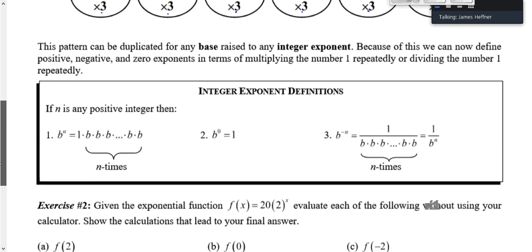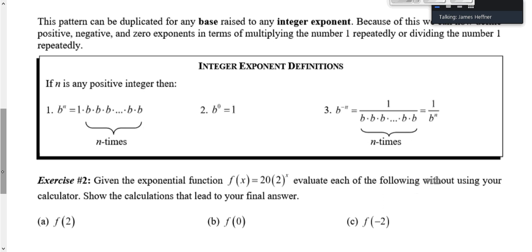So here's some rules here. We kind of covered this back in chapter 1, right? So b to the n, that's just b times b times b, however many b's, whatever the value of n is, right? B to the 0 is what? 1, right?